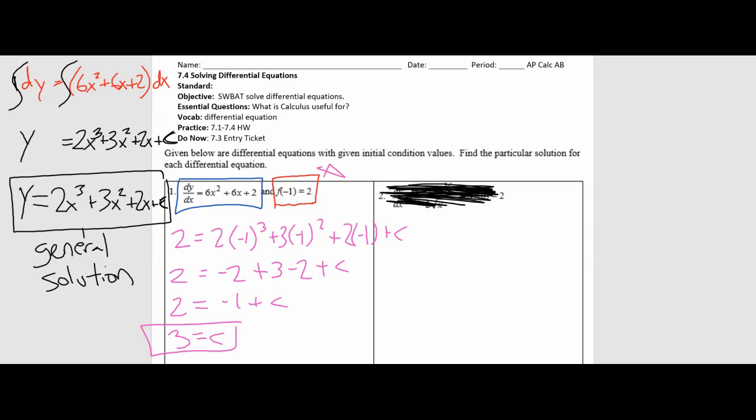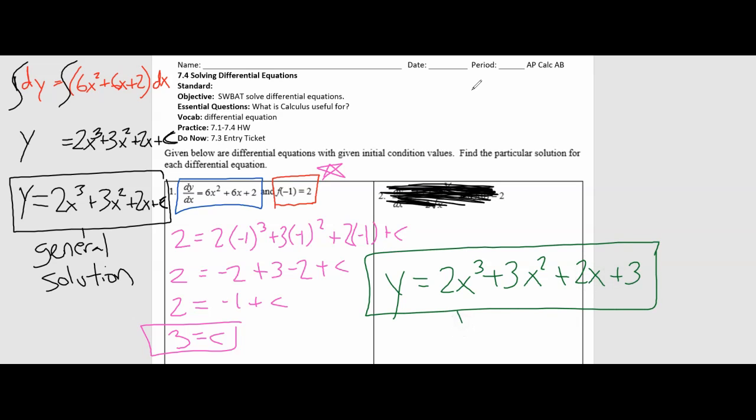So to make what I boxed in red true, my constant of integration would have to be 3, which means my particular solution is y is equal to 2x cubed plus 3x squared plus 2x plus 3. That is my particular solution, given this initial condition.